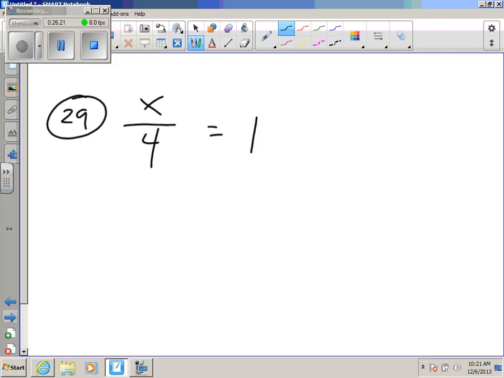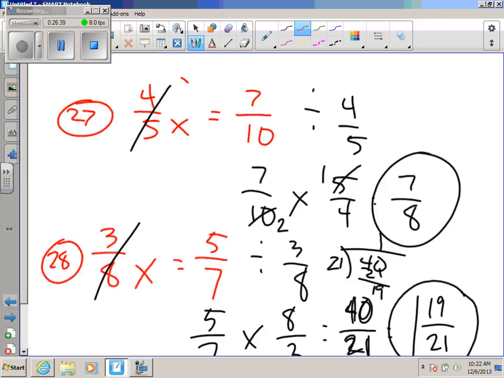In order to know what the opposite is, you need to know what's happening first. So when you analyze these problems and try to figure out what's actually happening, you need to look and say, well, what's happening to x? Is the way it's written here the same as the way it's been written there? There, x was next to the fraction.